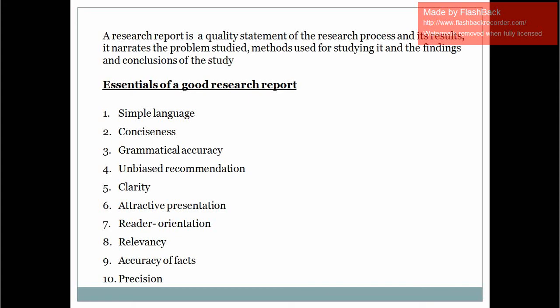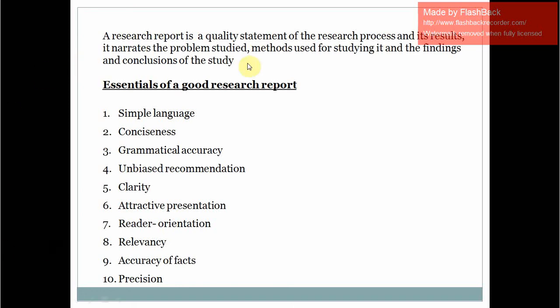So to conclude, these are the essentials of a good research report. They can also be called the factors, features, or characteristics that make a good research report very effective and fruitful. A reporter making the report should always be careful about those factors to make his or her report a good one when compared to others.